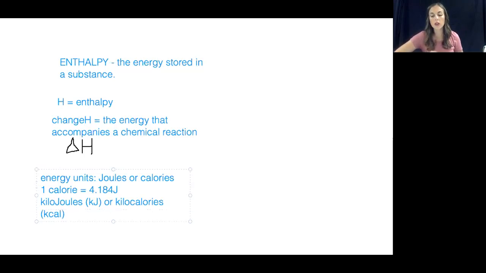These are not the only units that you're going to see attached to change in enthalpy, but it'll just depend on the amount of reactants that are consumed. So if we burn 1 kilogram of wood, we're going to have more heat produced than if we burn 1 gram of wood. So that's just going to depend on how much reactants you have in your chemical reaction.